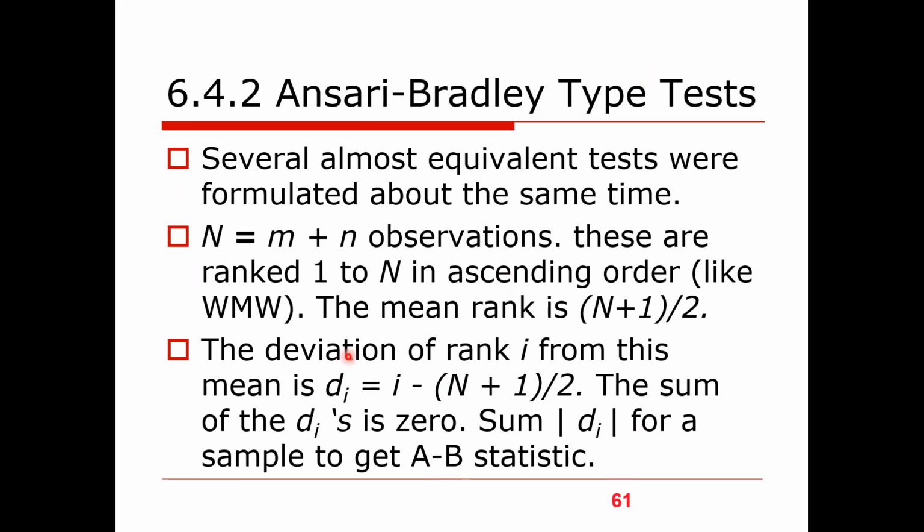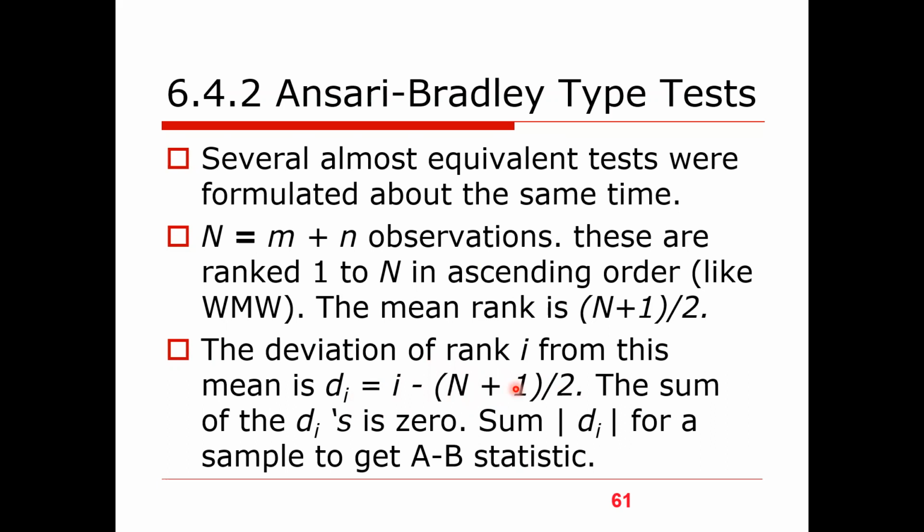Then we get a DI. DI is calculated like this, is the ith observation. This is actually its rank, right? Because it's already in the ascending order. This is the joint rank. Use its joint rank to subtract the half of the combined sample size plus 1.